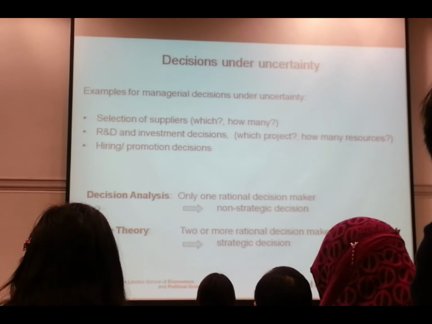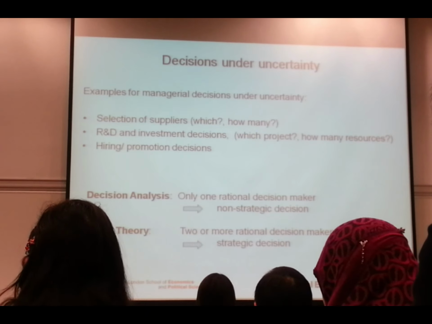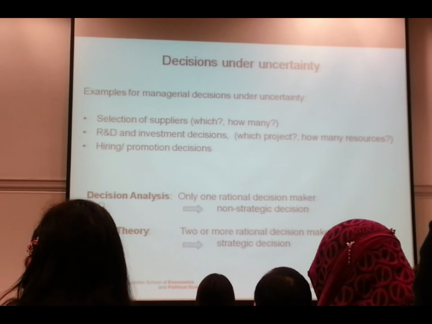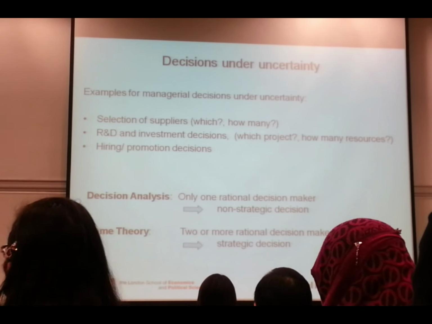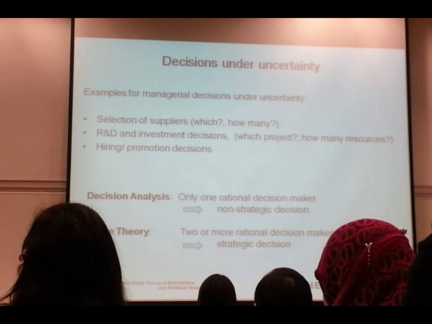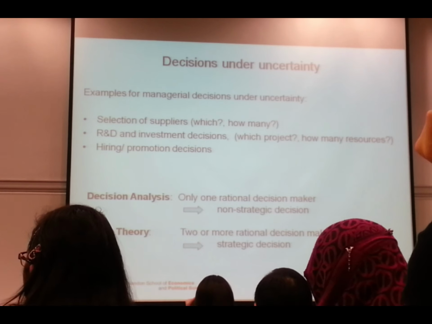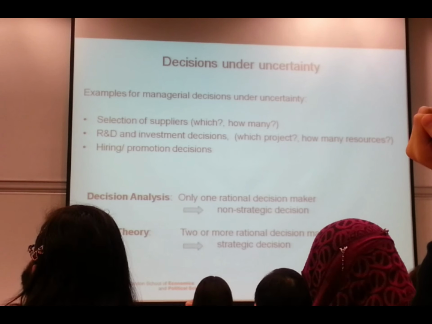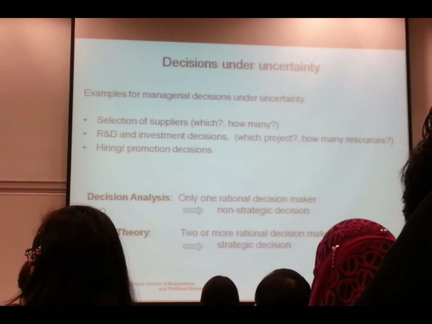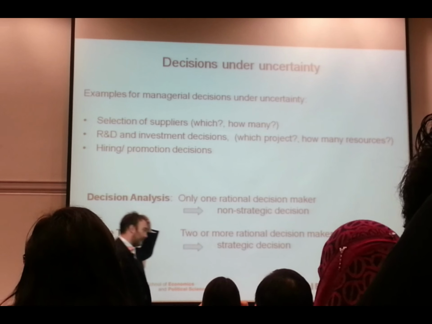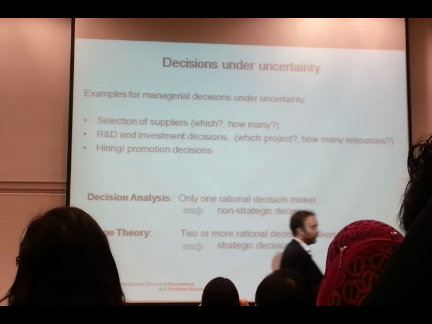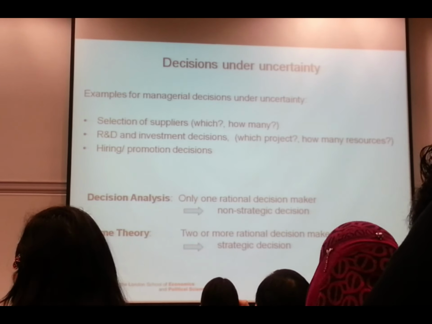But the weather, from my perspective, is a random event, which means that there's a probability that it's going to rain, there's a probability that it's going to be overcast, and there's a probability that it's going to be sunny. This is the set of problems when we apply decision analysis.